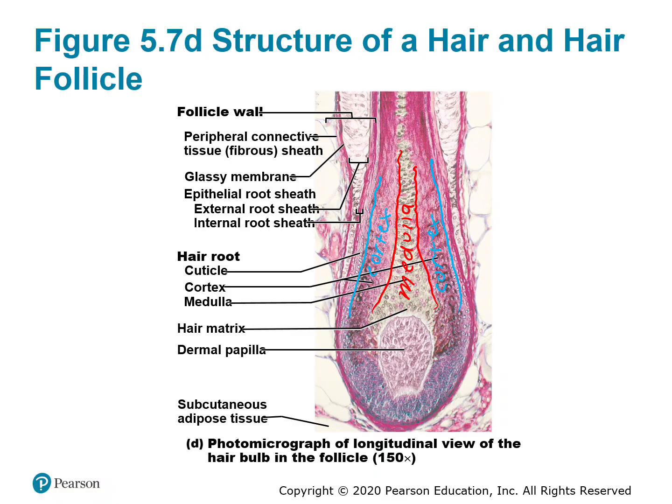And then the outermost layer, the cuticle. The hair matrix, right above that dermal papillae, is going to be where you get the most division of cells.